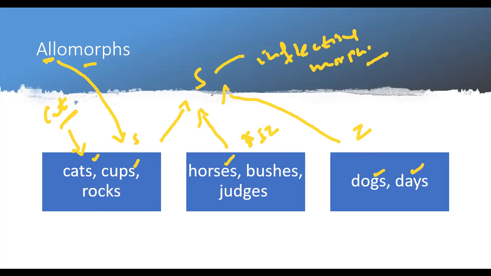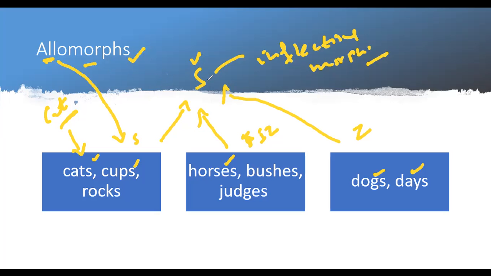So this morph has got three sounds. Now, all inflectional morphs which have more than one pronunciation are called an allomorph. I'm not talking about the derivational one.